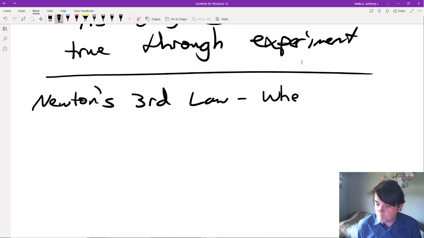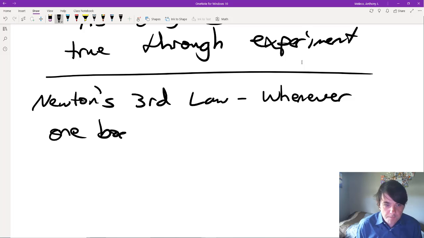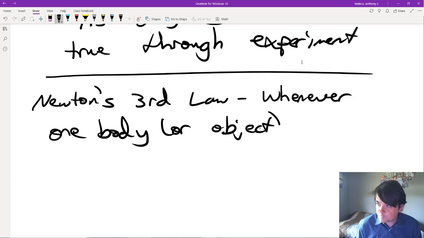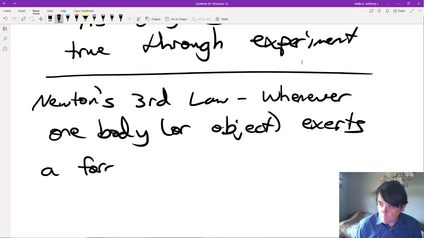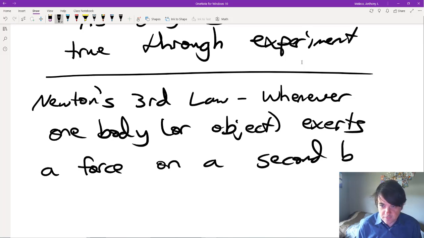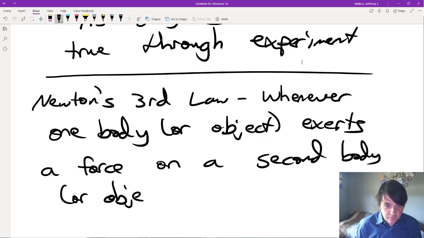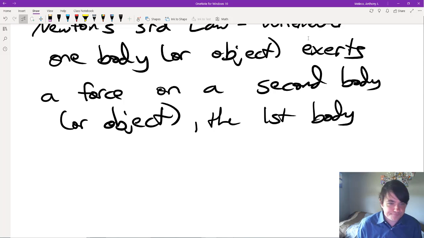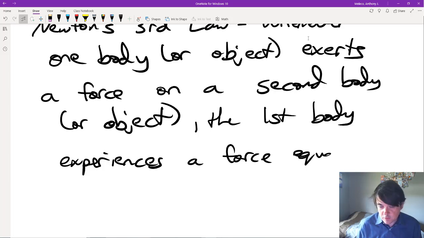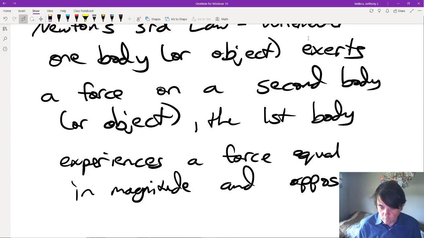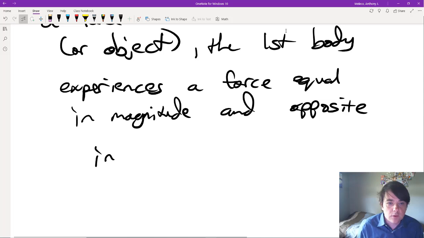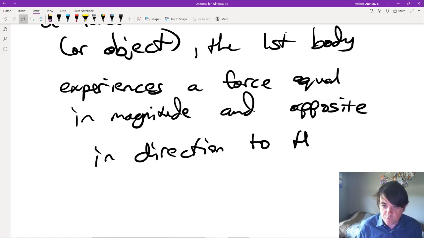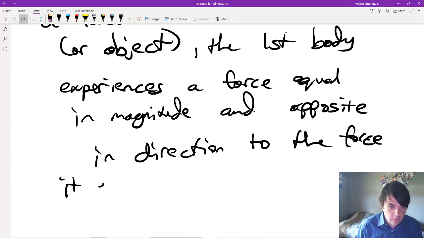So this is whenever one body, or object, exerts a force on a second body or object, the first body experiences a force equal in magnitude and opposite in direction to the force it exerts.